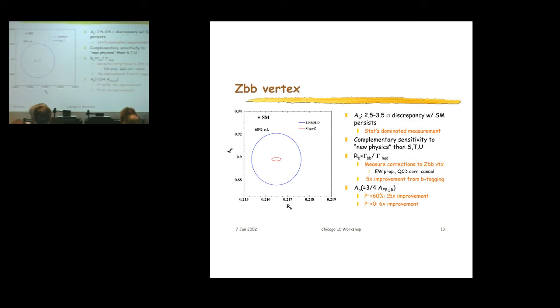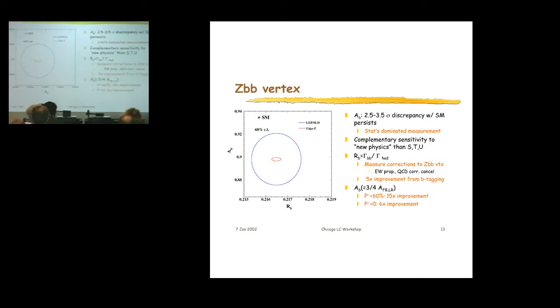So in some sense, you could look at it as the axial vector coupling seems to be in good shape, whereas with the B asymmetry, it maybe is suggesting that the vector coupling has a problem with it. These are statistics-dominated measurements, so it's a little surprising to get such a big discrepancy, but we'll have to see how things sort out, and it will be interesting to see if this persists with the increased statistics.